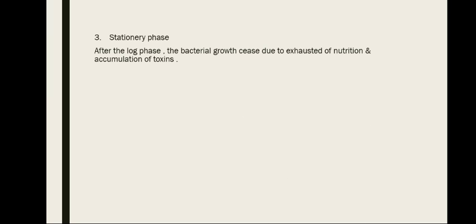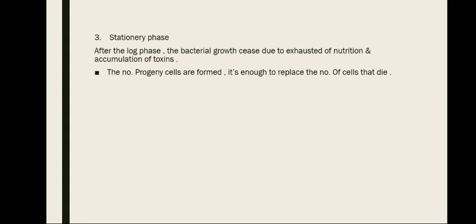In the stationary phase, after the log phase, the bacterial growth ceases due to exhaustion of nutrition and accumulation of the toxins. Because when the bacterial multiplication starts, it utilizes the enzymes and metabolites, and finally it leads to accumulation of toxins and lack of nutrition.